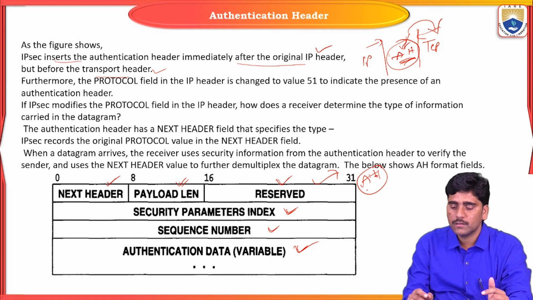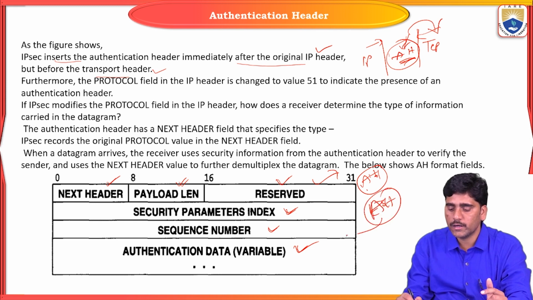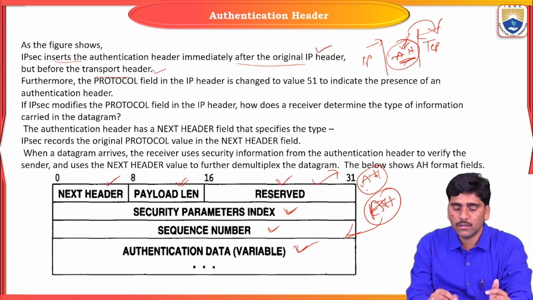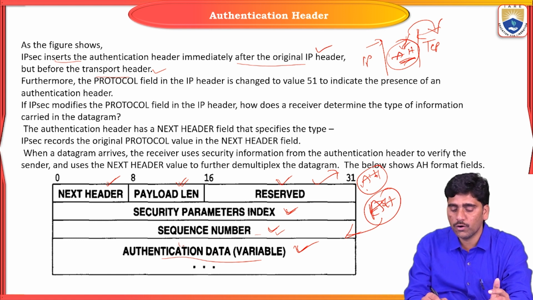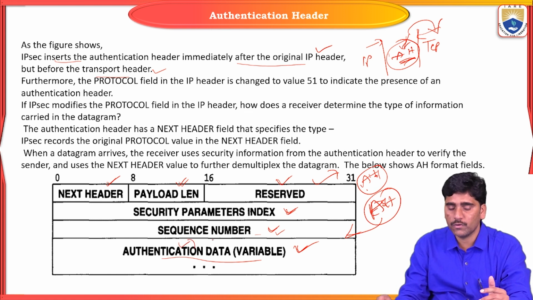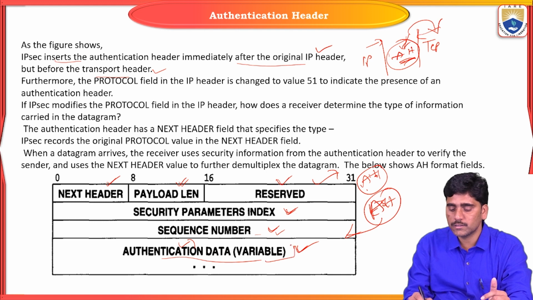The authentication header fields are the next header field, payload length field, reserved field, security parameters index field, sequence number field, and authentication data field, which is of variable length.